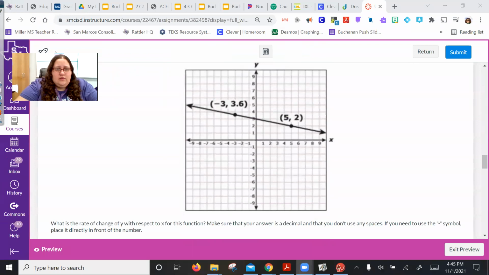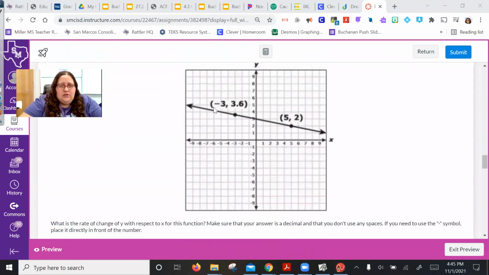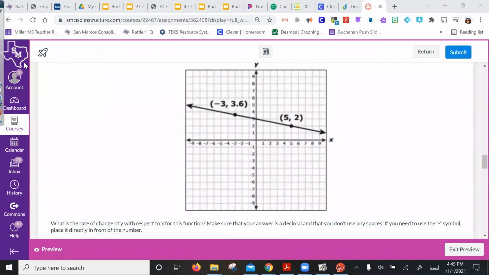Number 8, this one is an enter-in-your-answer question using the slope formula. Remember, on the top we have y2 minus y1, and we're always going left to right. So you're going to subtract those, 2 minus 3.6.